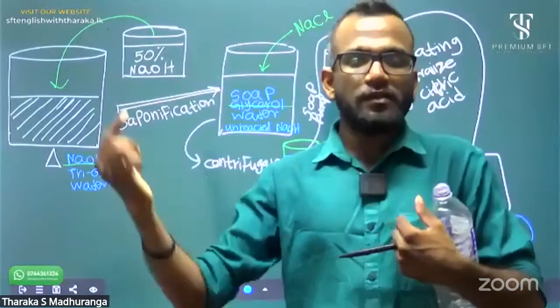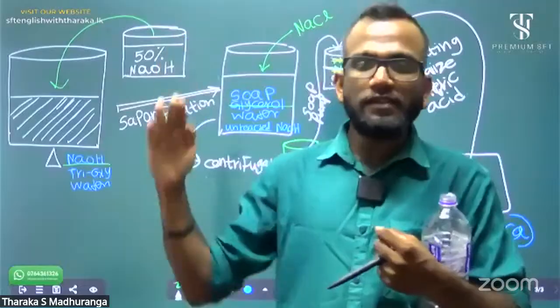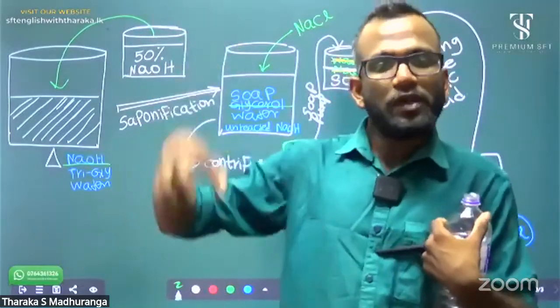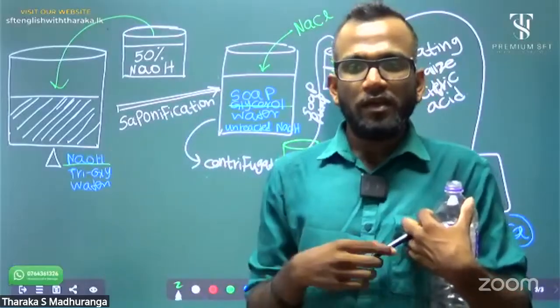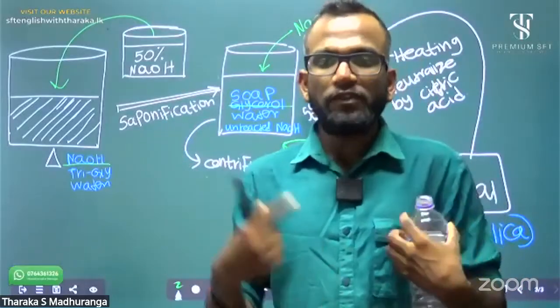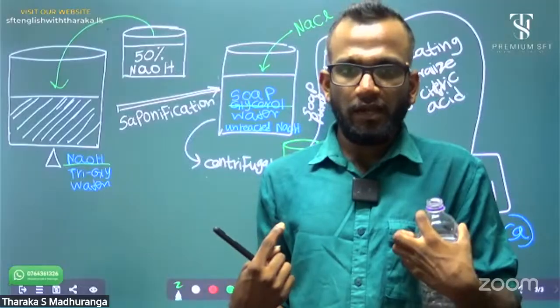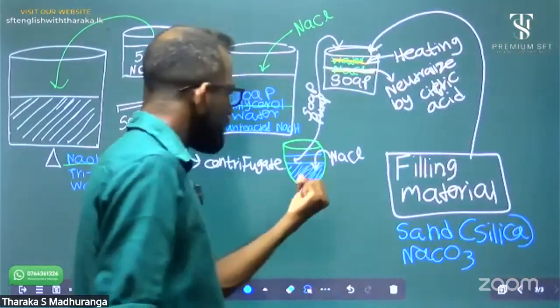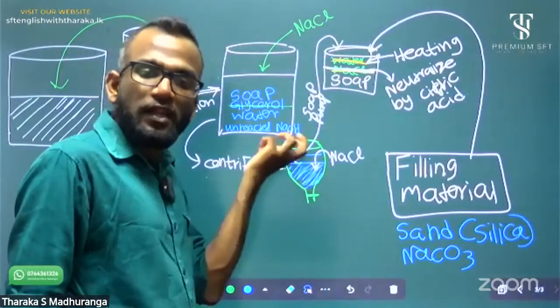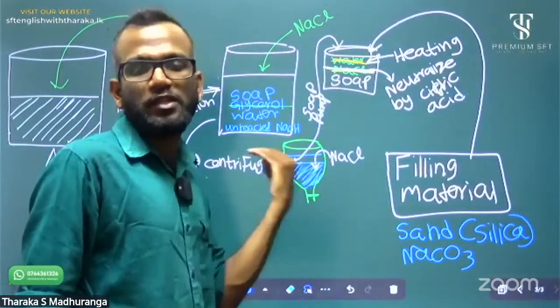In the centrifugation process, we can easily separate it, and all the glycerol particles go down, dissolved with sodium chloride. Understood? In the second step also we add sodium chloride, if there are any remaining soap particles, for separation purposes.